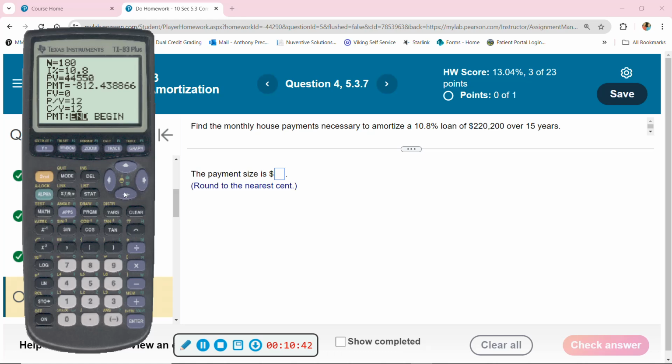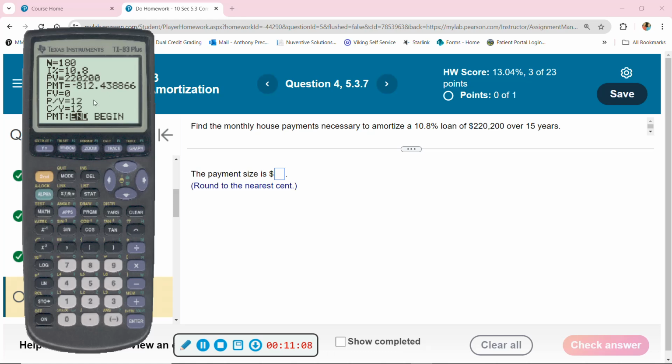The present value is how much the car or the house is worth today. Wouldn't this be a funny car loan? A $220,000 car. Now, the future value should be 0, 12, 12, and assume it's at the end.